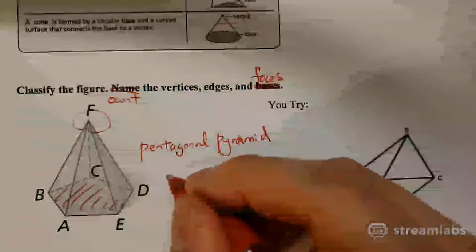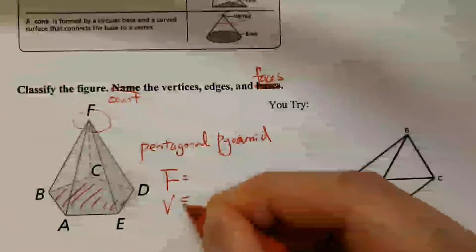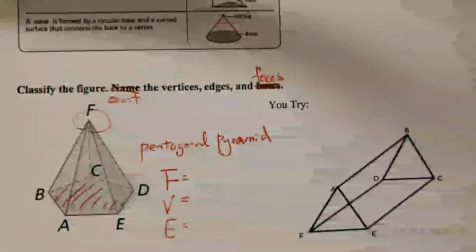So, can you name, once again, faces, vertices, edges, how many each?